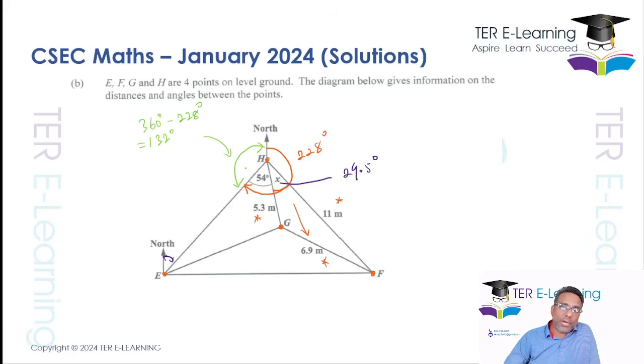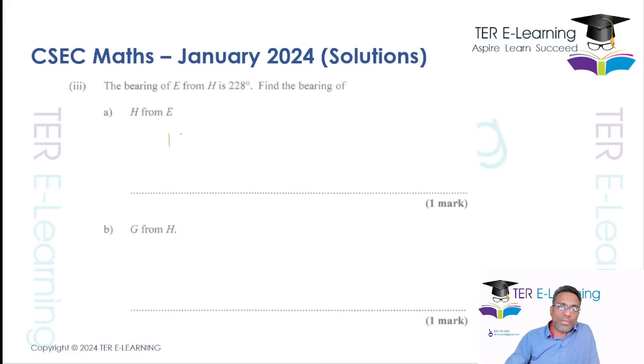Now, this angle here and this angle here, which we want to find, are co-interior angles. They should add up to 180. So that bearing is simply going to be 180 minus 132, and you're going to get 48 degrees. That's your bearing.